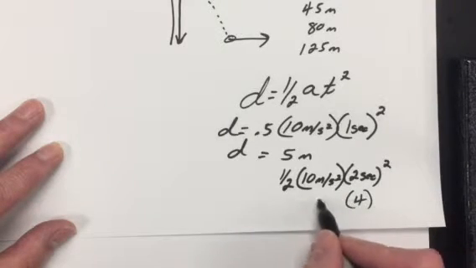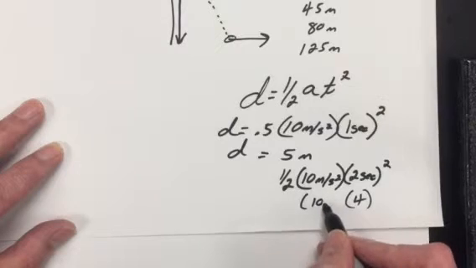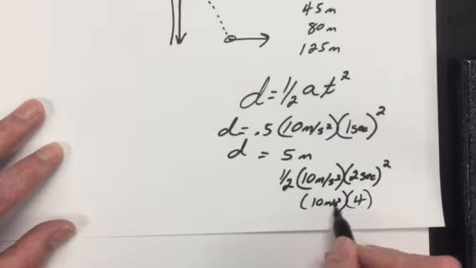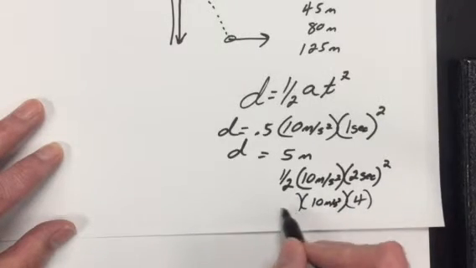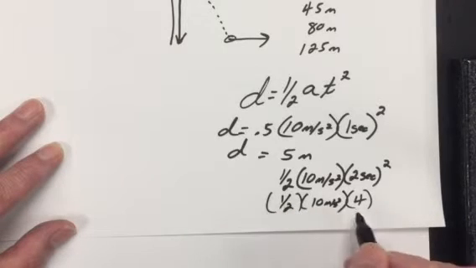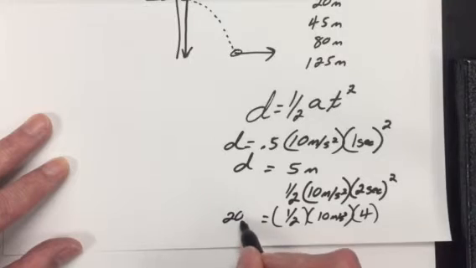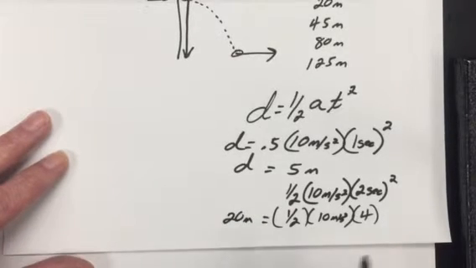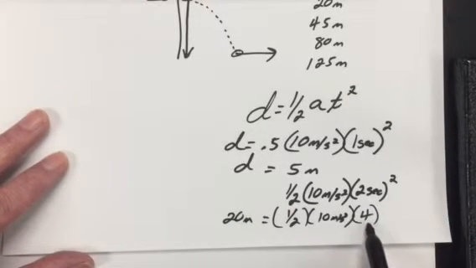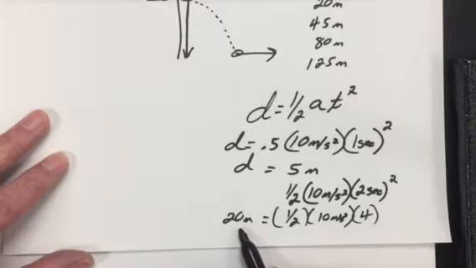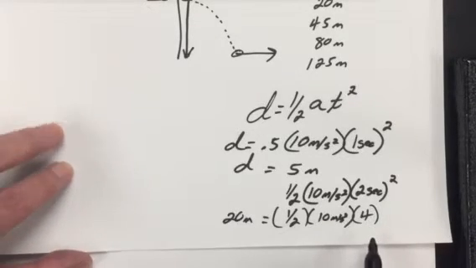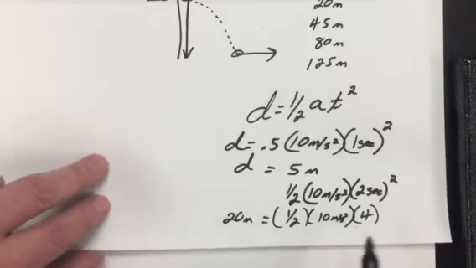And then that's 4 times the 10 meters per second squared. That's going to be 40. And then times 1/2, which is 0.5, that's going to equal 20 meters. So if an object falls under the acceleration of gravity, 10 meters per second squared, you multiply that times 1/2, then it's going to have traveled 20 meters if it has fallen for 2 seconds.